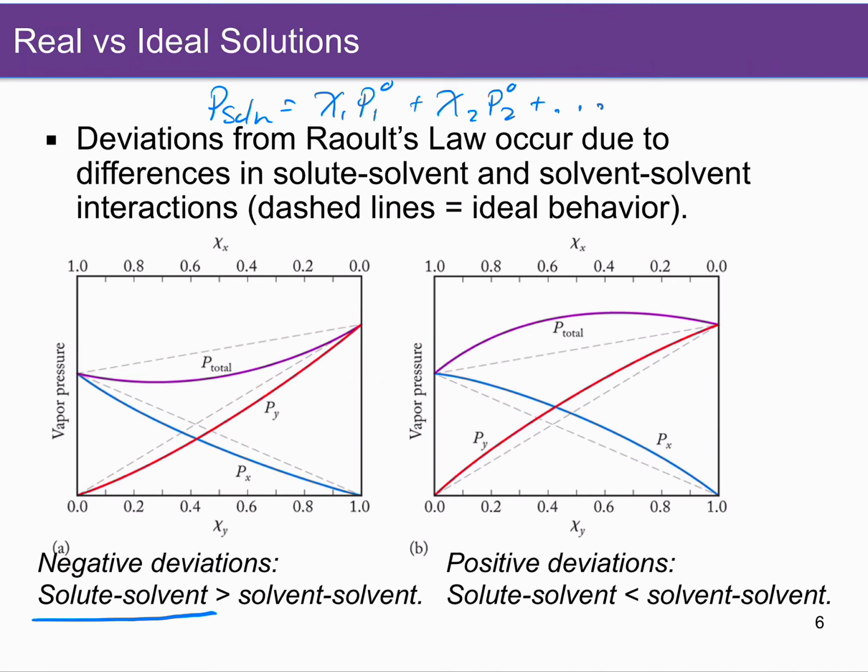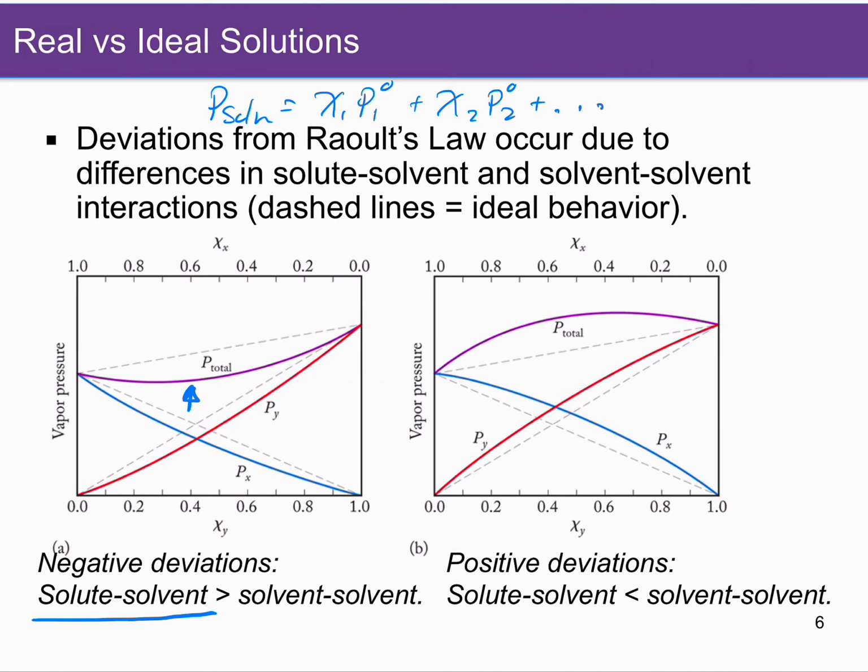That basically means that the solvent and the solute are really attracted to each other. So it's a little bit harder to separate them. Even as we're adding heat or energy to the solution, since the solute and the solvent are really well attracted to each other, it's going to take more energy to release that intermolecular force and to force it into the vapor phase. Okay, so that's why we see less vapor pressure from this purple line than we would expect because of those interactions.